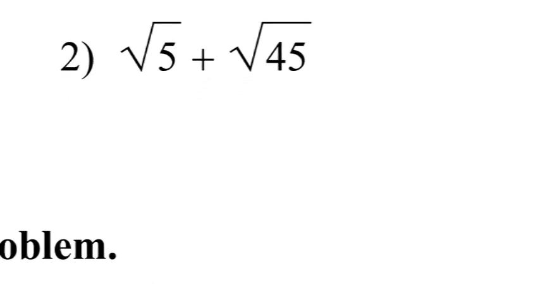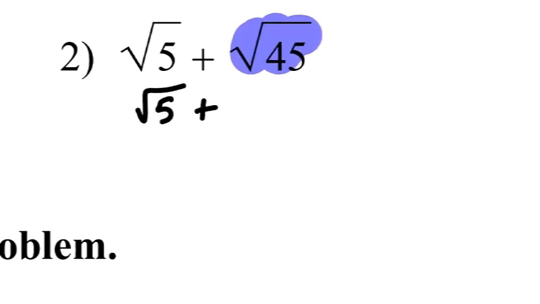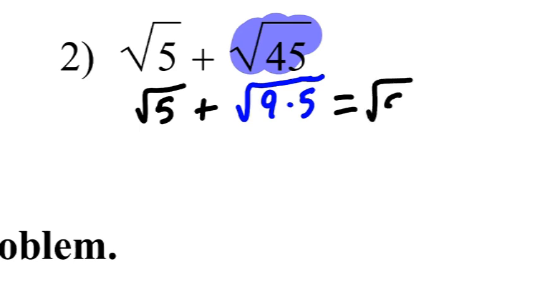Here, I'm going to rewrite this second radical as square root of 9 times 5, because 45 can be rewritten as 9 times 5. And now I can actually break that square root 9 times 5 up into two parts.